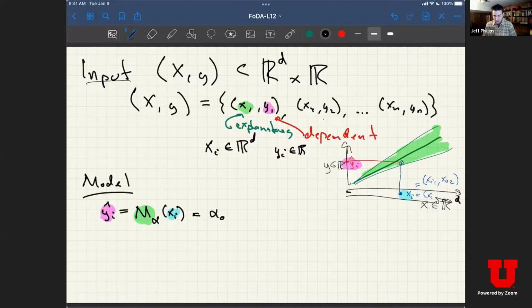So we're going to start with alpha 0 plus the sum from j equals 1 up to d of alpha j times xij. Each xi is a vector, so this is xi1, xi2, up to xid.